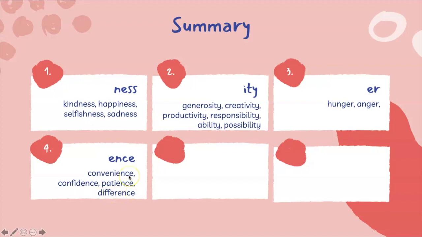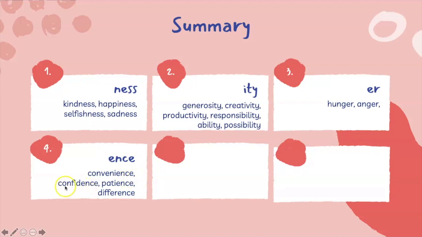You may notice that for the words which end with ENT, we usually use this suffix to change it into a noun, like convenient. It ends with ENT, and we use the noun suffix ENCE to form a noun.